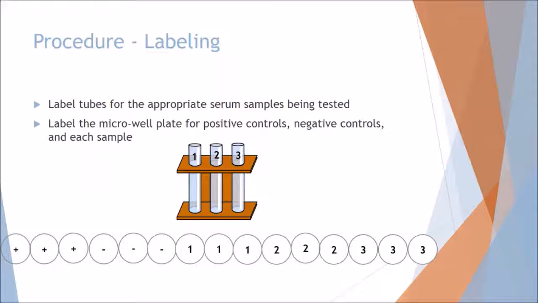Here in my simulation, I have samples 1, 2, and 3, which are labeled 1, 2, and 3 respectively, and also I have positive and negative controls that will also be used. And we also need to label a microwell plate for all 3 of our samples, and also positive and negative control.